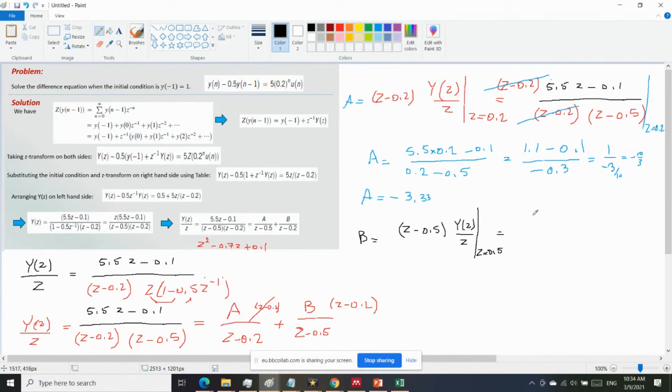So this will be 5.5 z minus 0.1 divided by z minus 0.5, which disappears, leaving z minus 0.2, and we evaluate this at z equal to 0.5. Therefore B equals 5.5 times 0.5 minus 0.1 all over 0.5 minus 0.2.